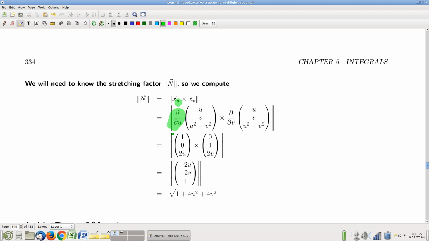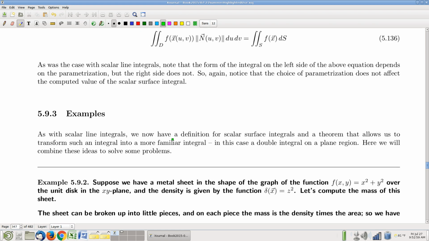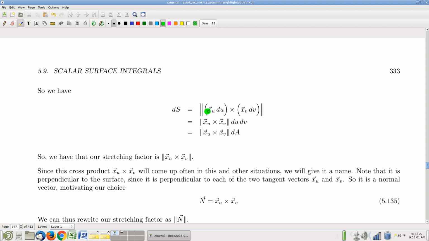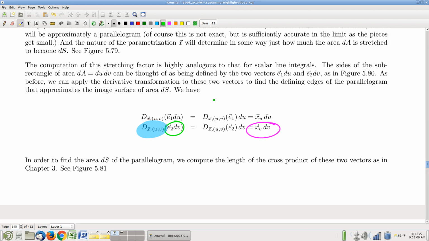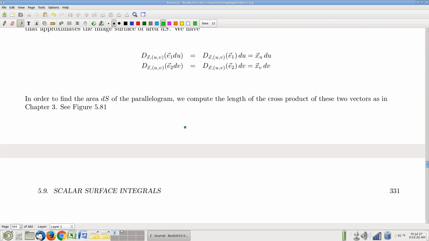Okay. And so remember where that came from: I wrote down x_u du here because that's what we computed in this algebra right here. This was a partial derivative, right? Standard basis vector, so partial derivative. Yeah. Cool. Okay.